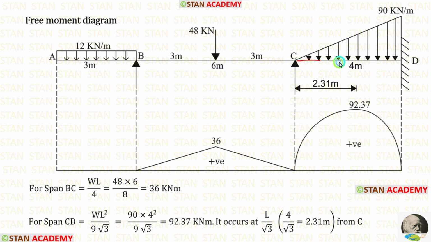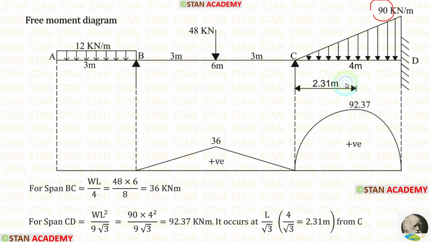In the span CD, there is uniformly varying load. It varies from 0 in the point C to 90 in the point D. The formula to calculate the maximum bending moment is WL square upon 9 root 3. In the formula, let us apply the values.